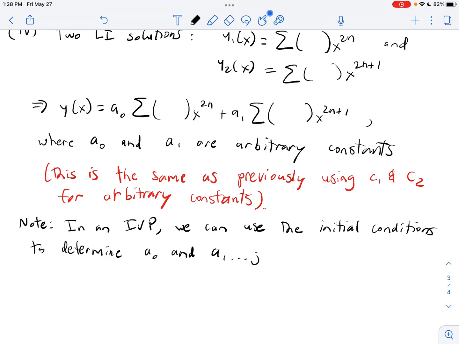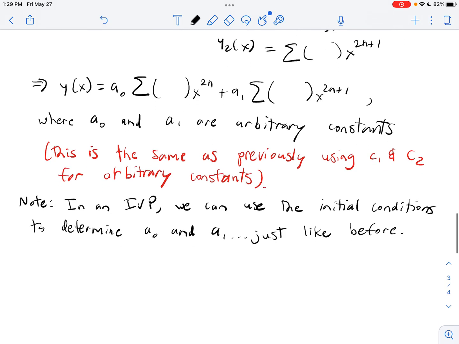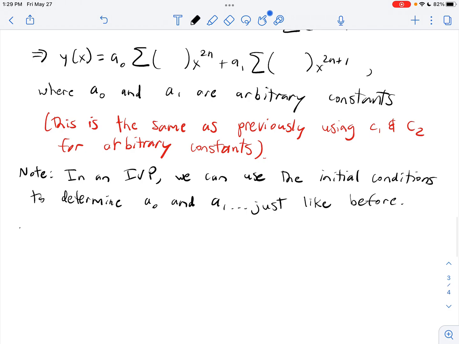Just like before. Okay. So that is step 2.